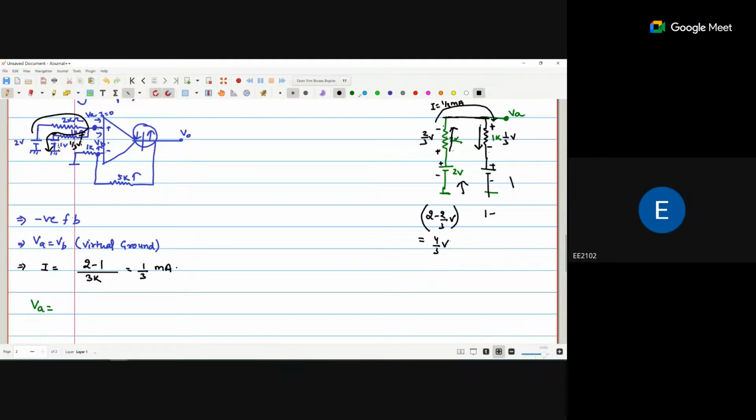So that means 1 plus 1/3 volt. That is also 4/3 volts. So both branches voltage are same, that is 4/3, and that will appear as VA. So that means this particular point voltage is 4/3. If this voltage is 4/3, so VA is 4/3.